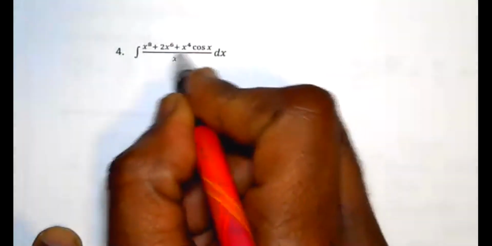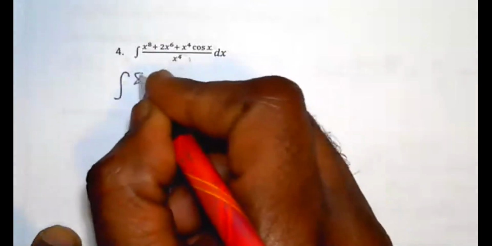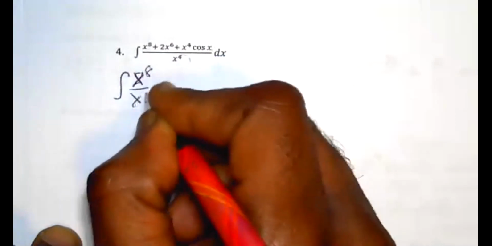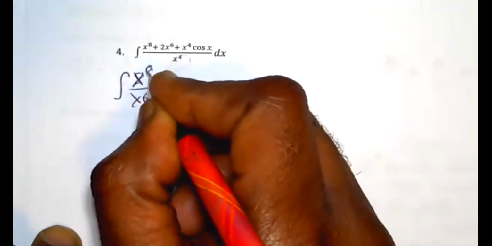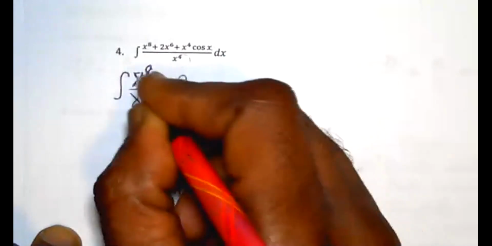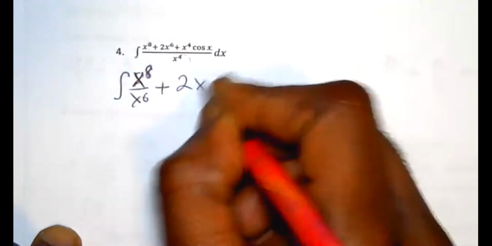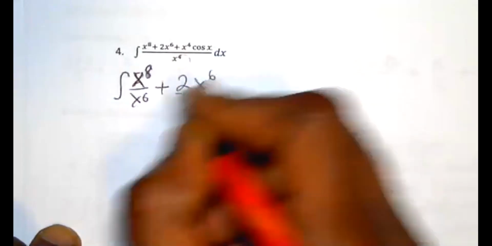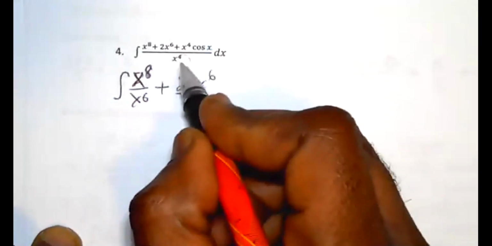I have a common denominator here. So I can split each of the terms up by dividing by a common denominator. So let's do that. So I have x to the power 10 divided by x to the power 6, plus 2x to the power 6 divided by x to the power, sorry, this is 4.